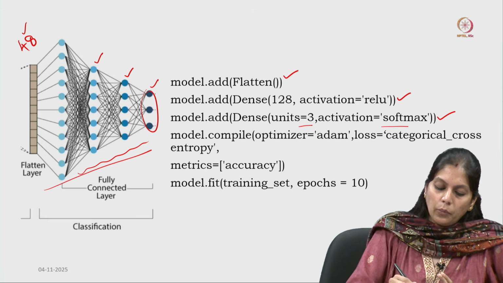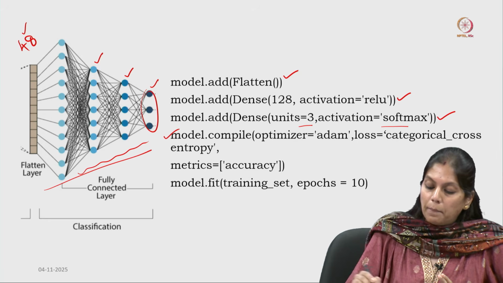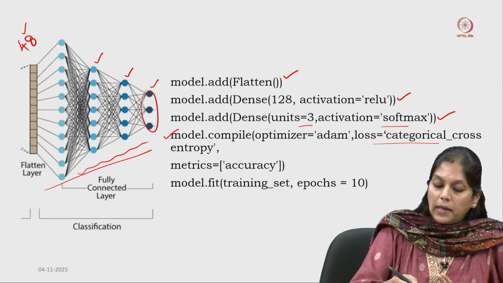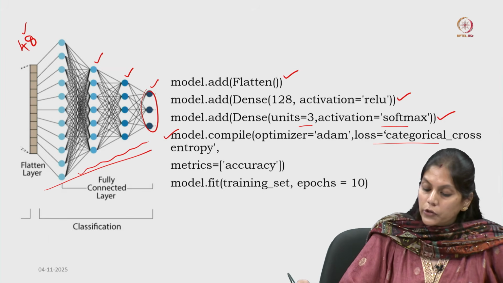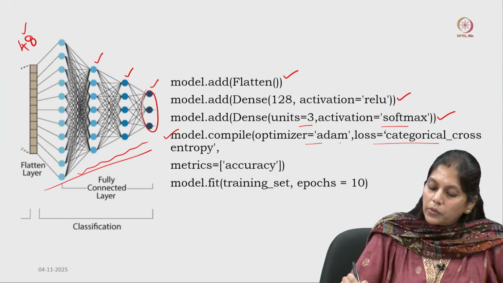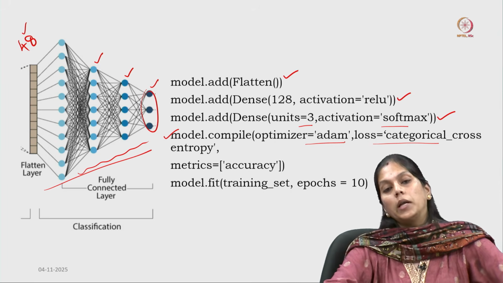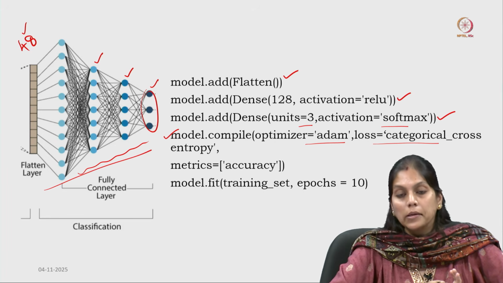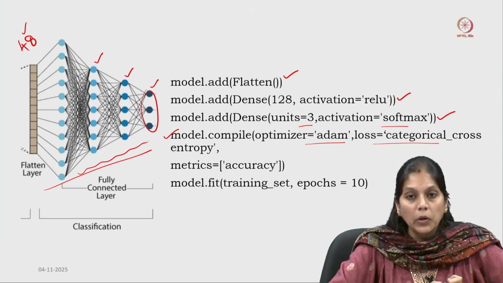Once you write it, you will compile the model, and for compiling you will calculate the loss. Because it is a multi-class classification, we use categorical cross entropy, and the optimizer we are using is Adam. So, what is the role of Adam here? Once it calculates the loss, you have to reduce the loss. How will you reduce the loss?